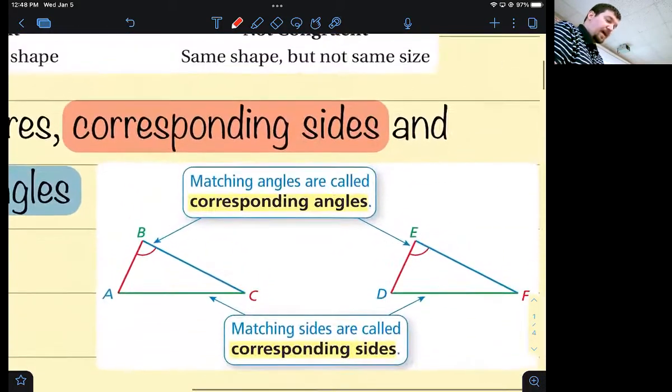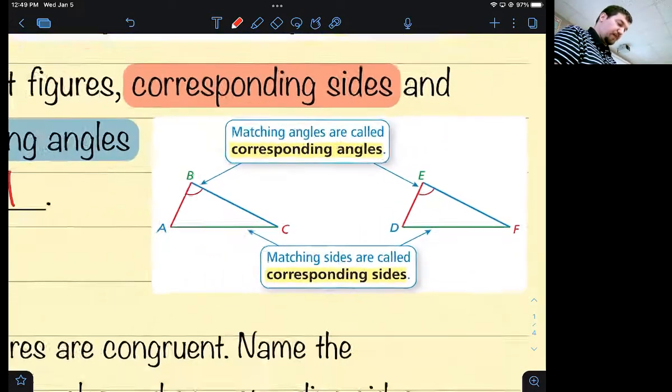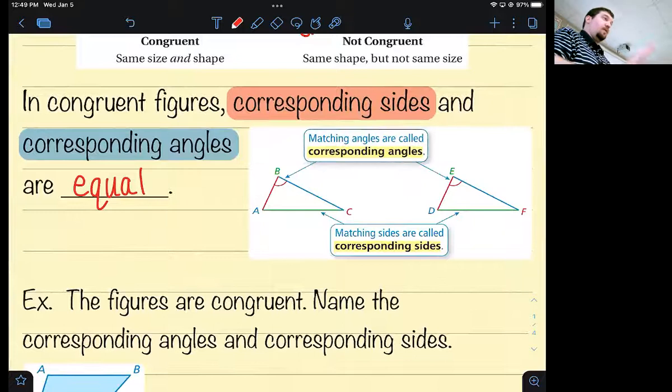So angle A corresponds on this triangle to angle D on that triangle. Also, segment AB corresponds to segment DE. So corresponding means the same segment or the same angle on the other shape. And if the shapes are completely the same, then all parts of the shape will be completely the same.